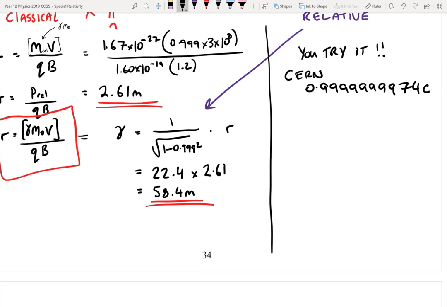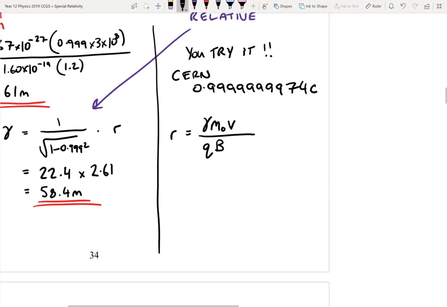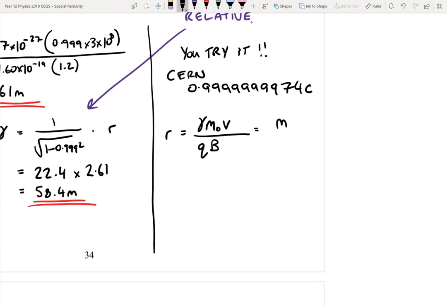And since we have the time, let's write it out in full. Let's not cheat. You could tell me that the Lorentz factor is 13,840, but let's do it properly. R equals m naught v over the square root of 1 minus beta squared, times qB. I'll just try to tidy things up a little bit.